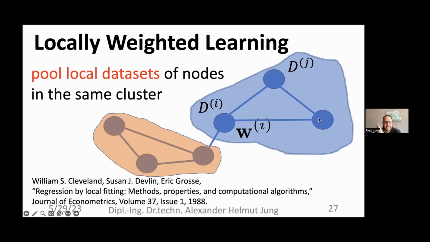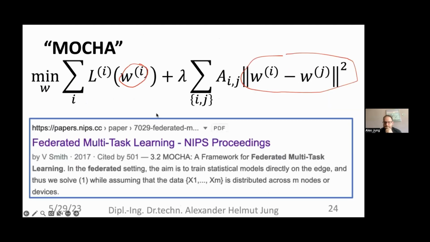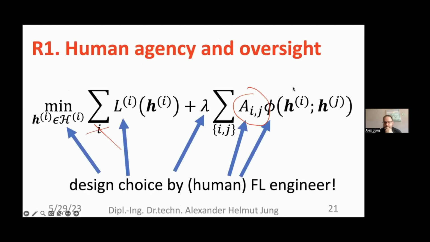Yes, another special case of this GTV minimization is actually locally weighted learning, where we use indicator functions as penalty functions. So the penalty function in GTV minimization could be an indicator function that is 1 if node j is within a certain neighborhood of node i and 0 otherwise.